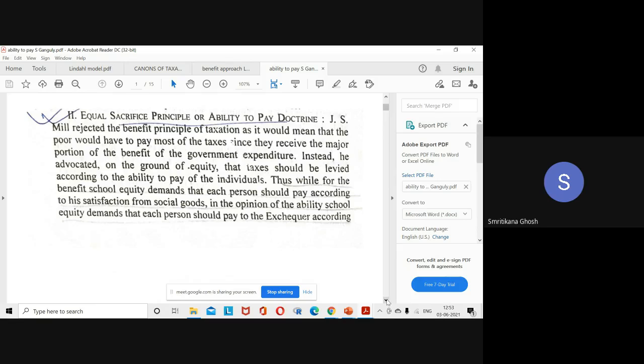So if the benefit approach is true, then the poor individual has to pay most of the tax, because they are getting maximum benefit. And the rich, who are not availing public good in that way, should pay only insignificant tax. This is not the concept of any welfare economy. This is not a rational concept. This is how Mill criticized the benefit approach, and based on that, the equal sacrifice principle came.